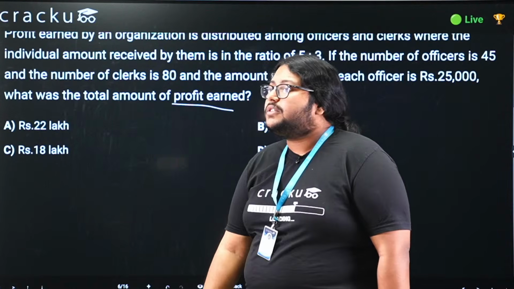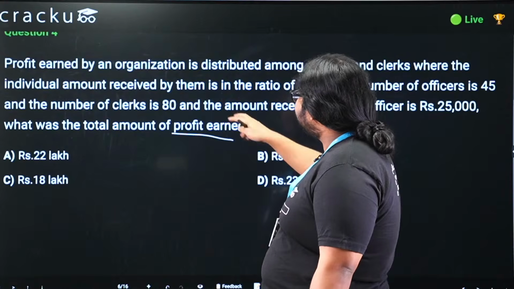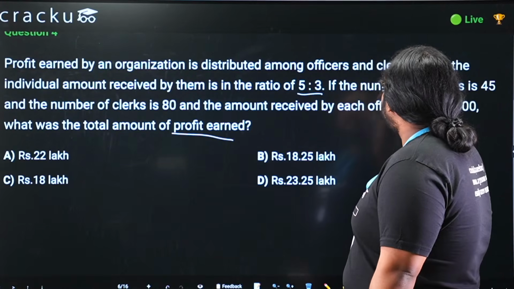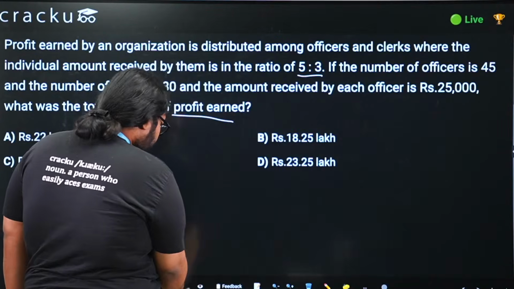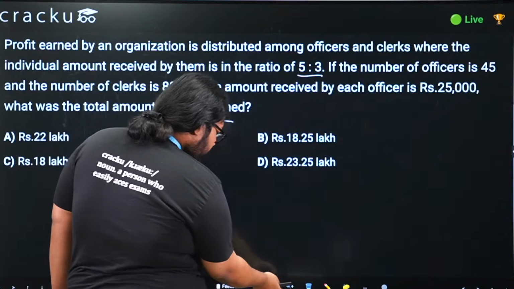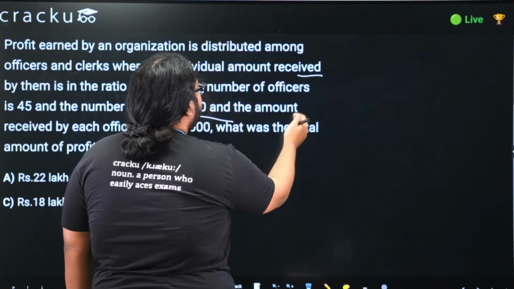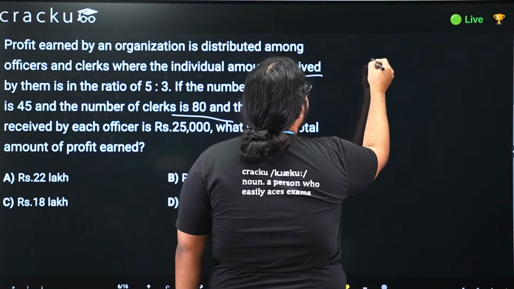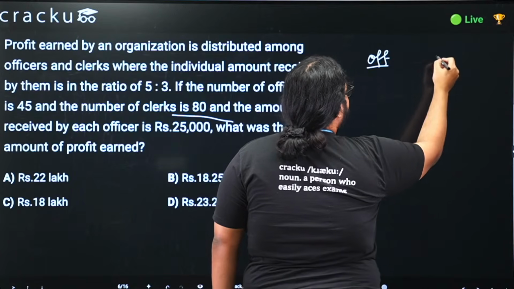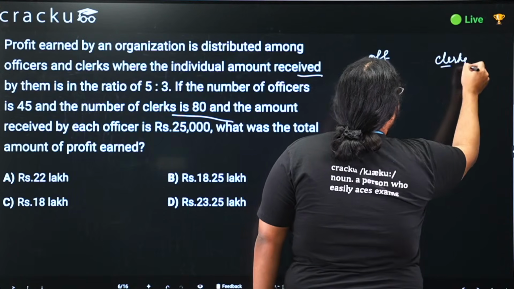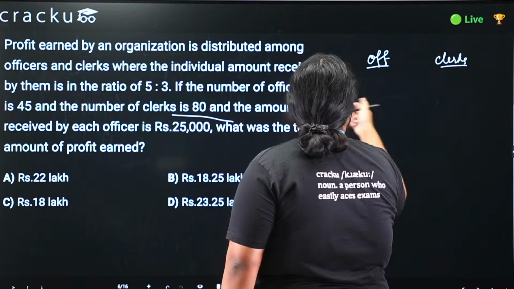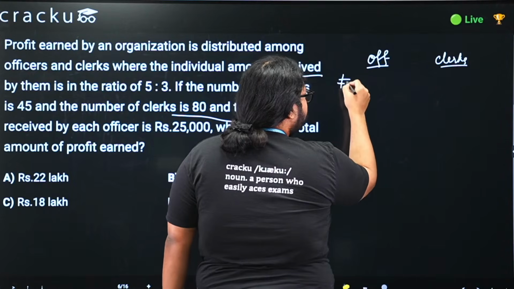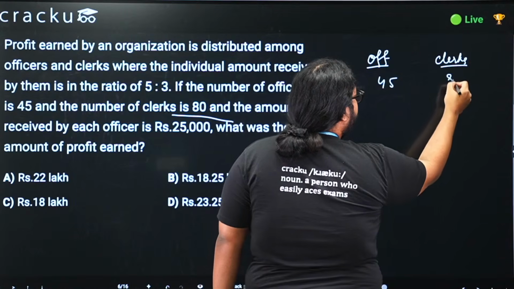So profit is being divided amongst officers and clerks. The number of clerks is 80, the number of officers is 45, so let's write it down, 45 and 80.